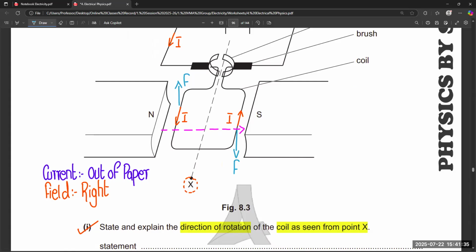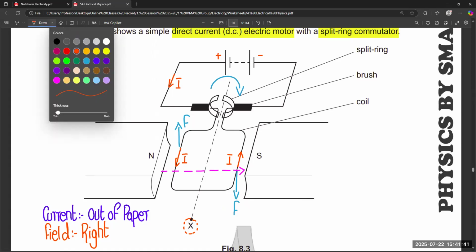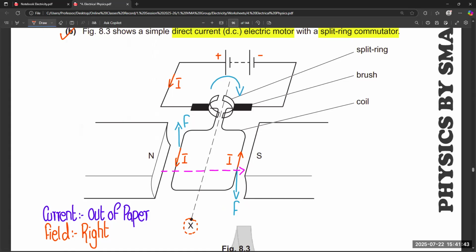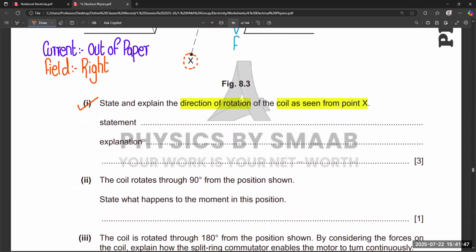So rotation is again clockwise. Clockwise rotation.